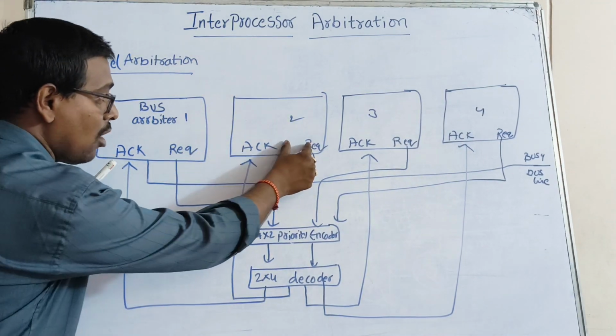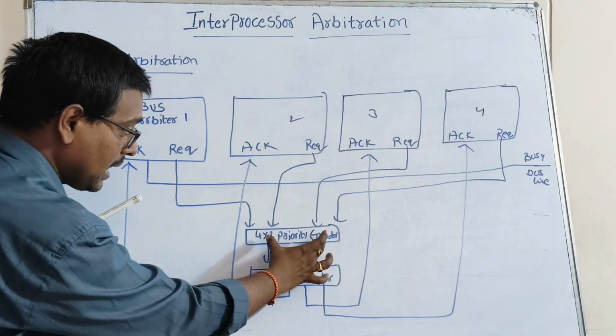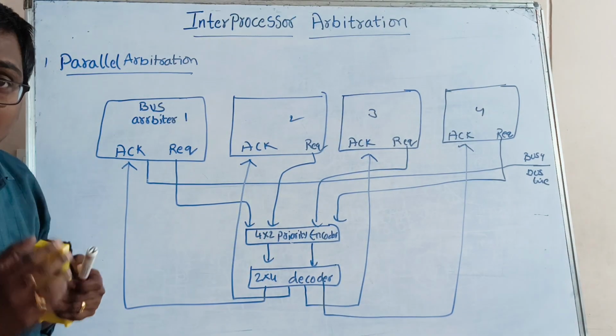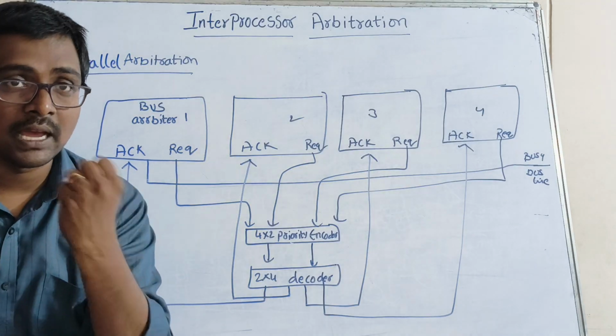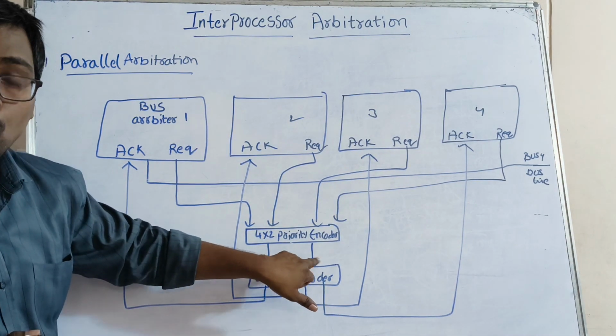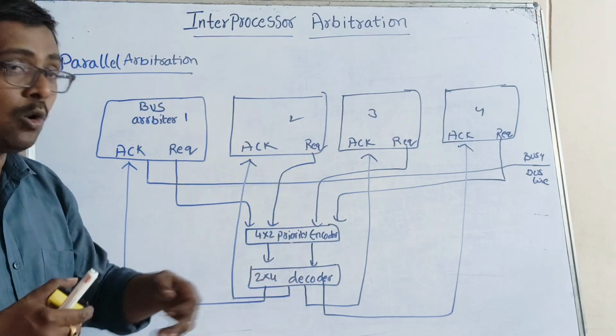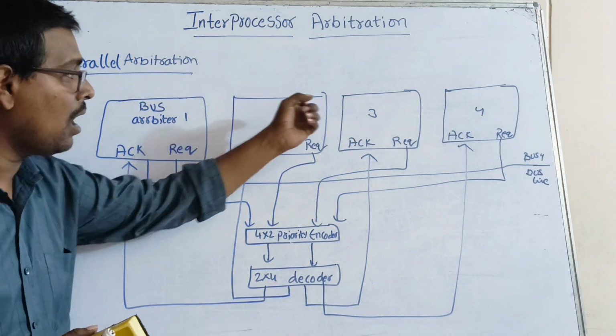The 4 request output lines are connected to the priority encoder. Once the 4 request lines are taken by the encoder, it produces a 2-bit output code. That is, this encoder decides the highest priority among all the requests.